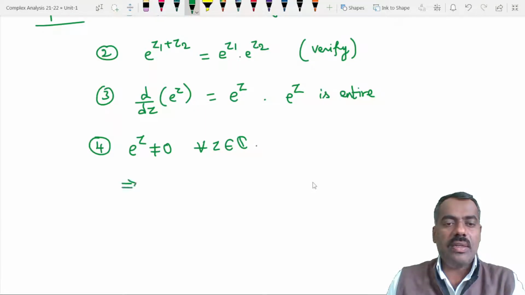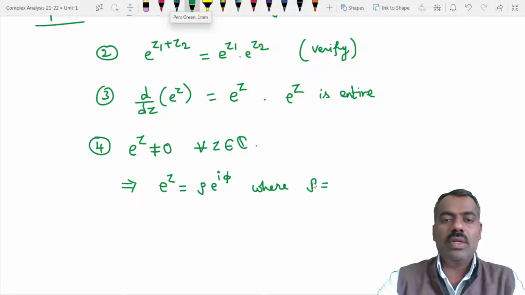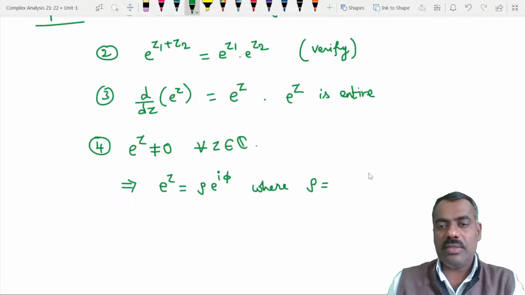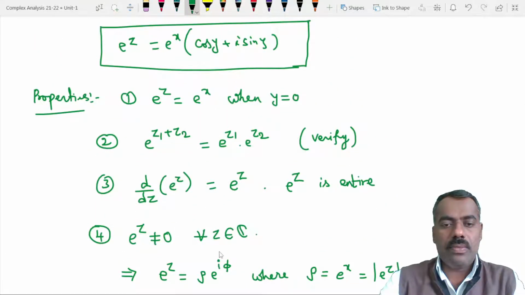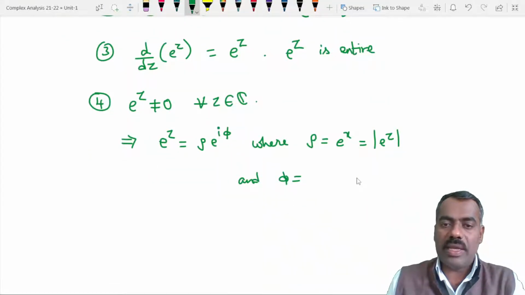We can write e power z equal to some rho into e power i phi, using rho instead of r because r is used for z. Here rho is nothing but e power x, that is the length, and phi is the angle, which here is y, or y plus 2n pi. So you can write here y.